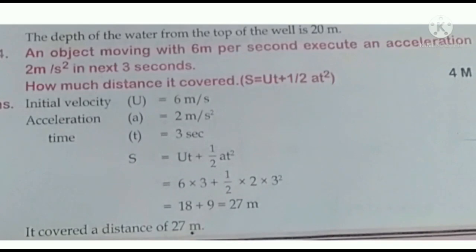In the given, u means initial velocity. What is the value of initial velocity? Here 6 meter per second is the initial velocity. Next, what is the acceleration?